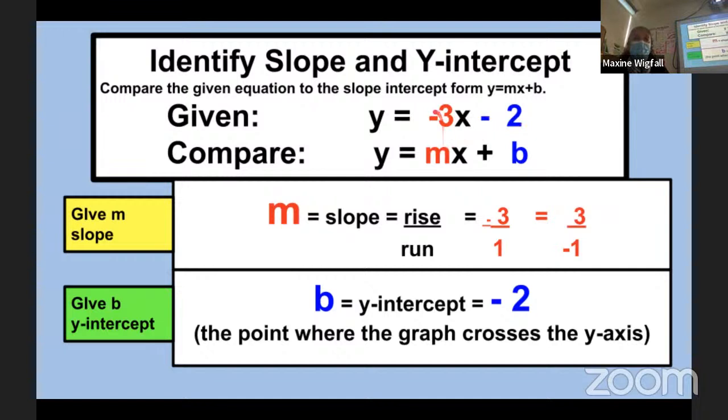This time, m is -3, which can be written as -3 over 1, which also is the same value as 3 over -1, because in algebra, a negative number divided by a positive number makes the number negative. Negative divided by positive is negative, and positive divided by negative is negative.